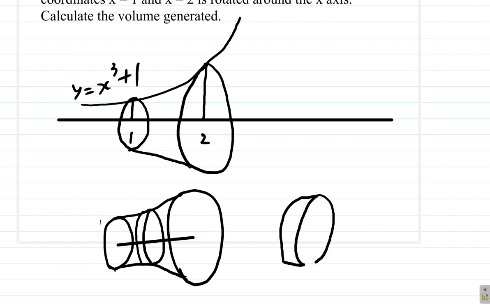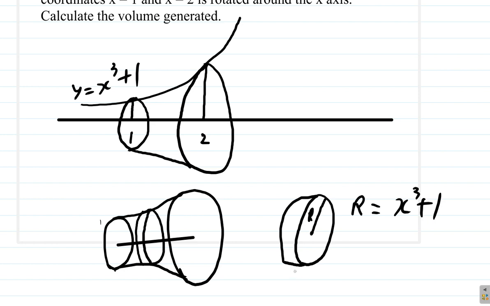The radius is what? It's a volume of revolution that we're dealing with. The radius, at any point, is going to be x cubed plus 1. That's the radius of it.